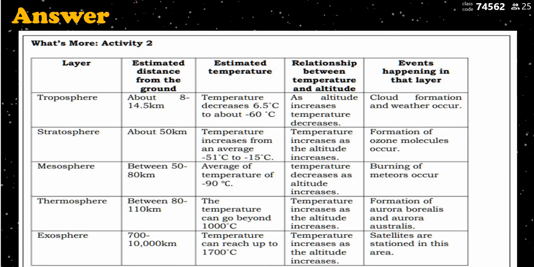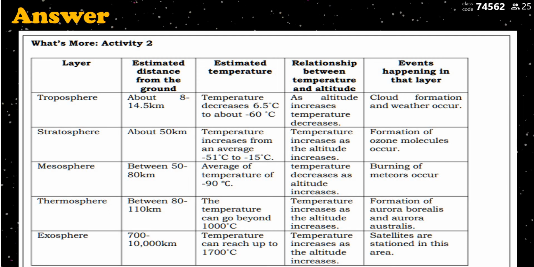So, next is stratosphere, about 50 kilometers. Estimated temperature increases from an average of negative 51 degrees Celsius to negative 15 degrees Celsius. A relationship between temperature and altitude: temperature increases as the altitude increases. And events happening in this layer, formation of ozone molecules occur.